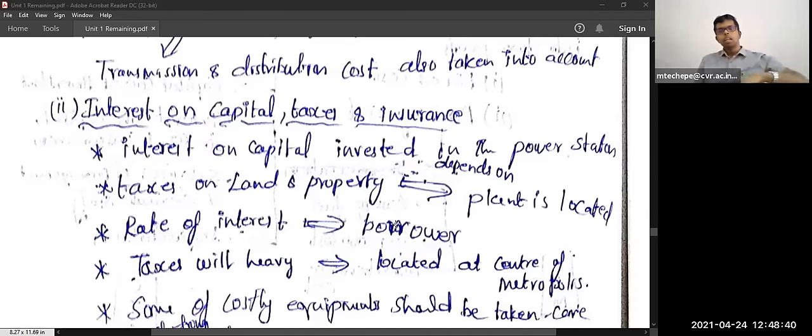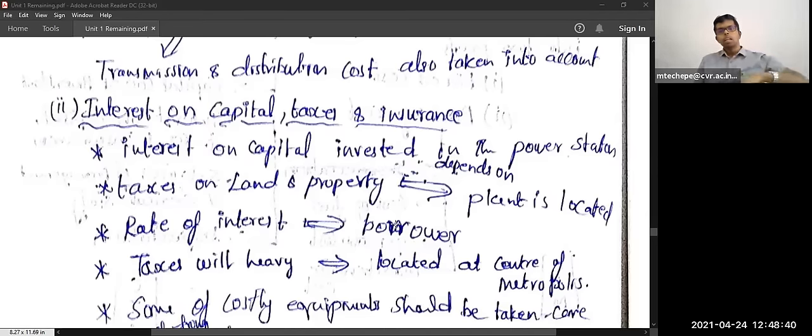They may pay some 10,000 or 20,000 per month for that particular piece of land to operate the underground substation. And also property: if you buy a huge amount of land, you need to pay the property tax.